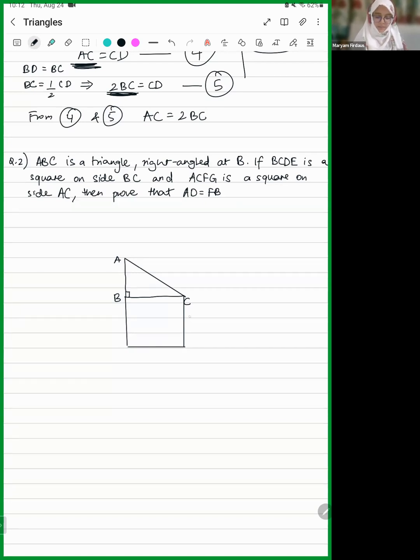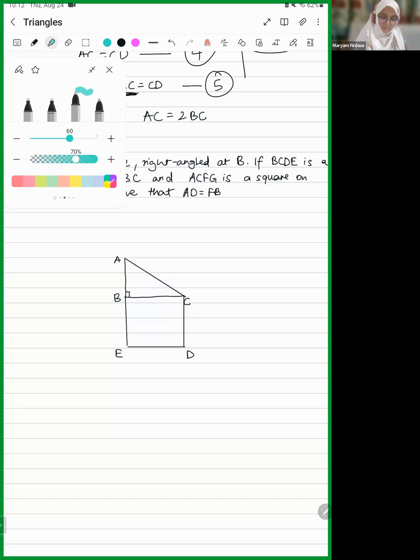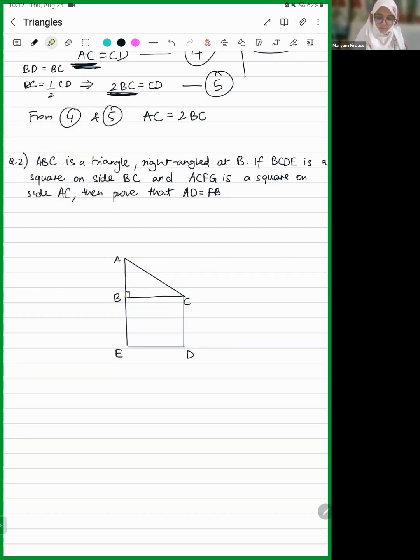BCDE, that's the name of the square that they are giving. And ACFG is a square on side AC. Just a minute. Please draw a square on the other side as well.